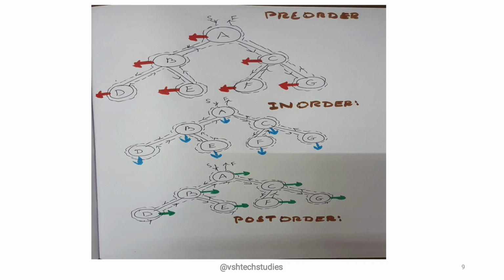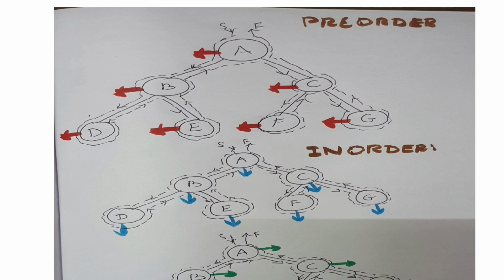Next, we shall discuss some examples to learn how to find the pre-order, in-order and post-order sequence for a given tree. Considering this example 1, for all three techniques the direction in which we have to move is fixed. Starting from the root node, moving towards its left, then its left.